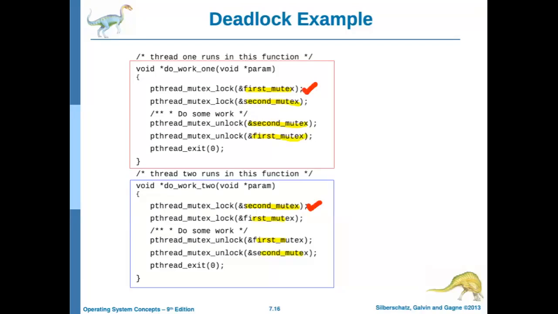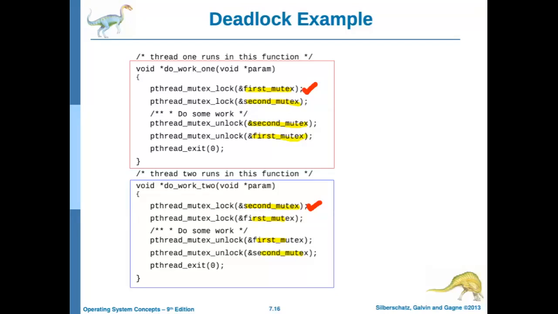So now thread 1 acquires the first mutex, thread 2 acquires the second mutex. Now thread 1 is waiting for the second mutex, which is already acquired by the other thread. And thread 2 also cannot continue because it is asking for the first mutex, which is acquired by thread 1. Now this results in a circular wait.